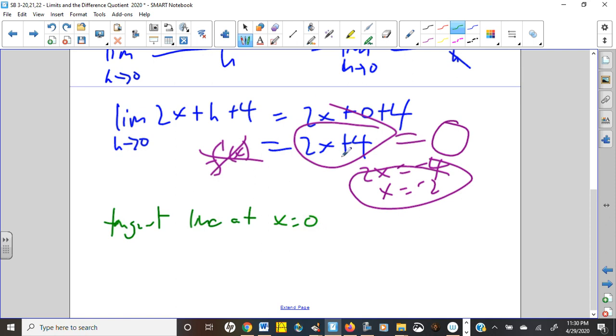Well, check this out. I've got this powerful formula right here, 2x plus 4, that finds the tangent at any value. So if I put a 0 in, I'll call it m, right, for slope. If I put a 0 in for x, it's going to tell me the slope of the tangent line at that point we found at 0, negative 1.